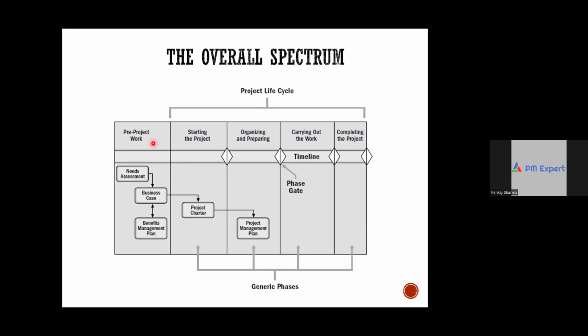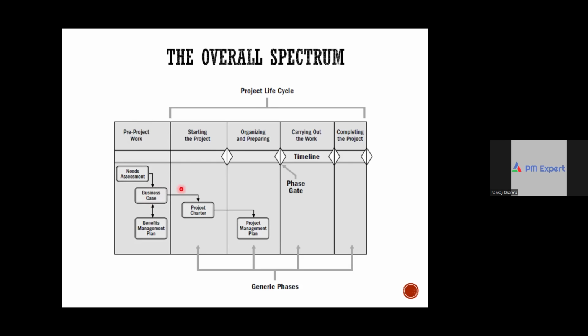Now, based on the high-level idea that I have given you about the overall spectrum, can we say one of the important purposes of this preparation work that you do in pre-project work is to prevent poorly conceived projects from getting initiated? See, because right in the beginning, you create a business case, and based on this, the steering committee will decide whether to go ahead with the project or not.